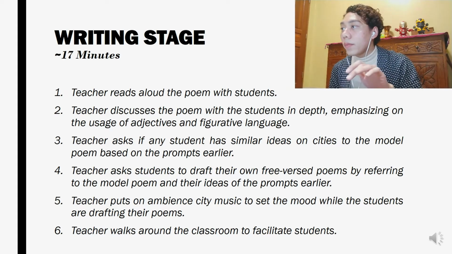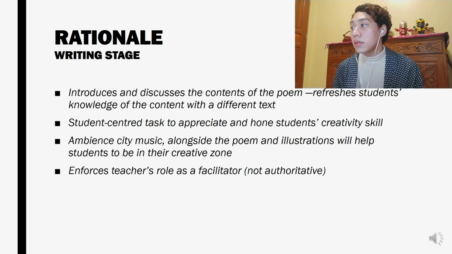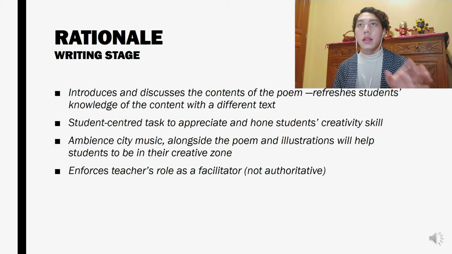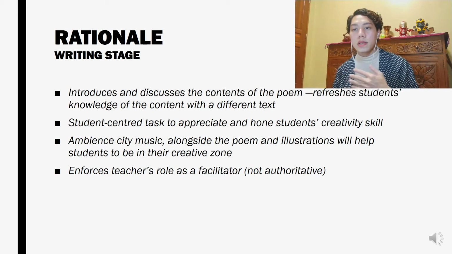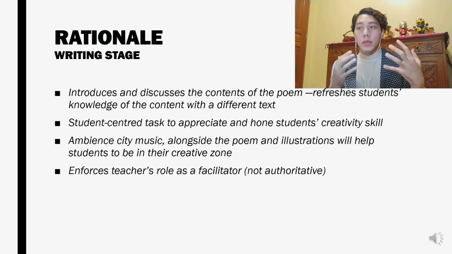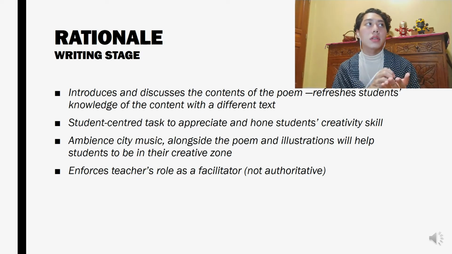So the rationale for this writing stage is that it introduces and discusses the contents of the poem. They had learned adjectives and figurative language in the past lesson, so we are trying to help them refresh their knowledge on that, but with a different text.